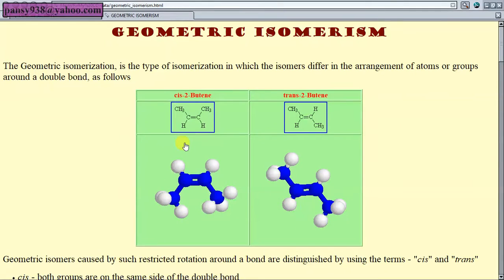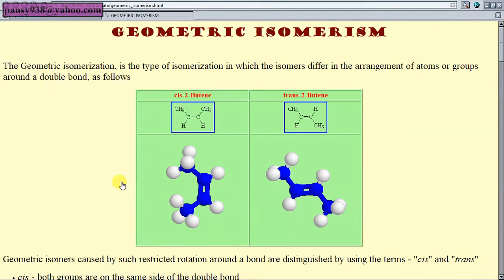If you rotate the three-dimensional molecule so that both methyl groups are at a downward position, or at the right side or left side, however you rotate the molecule, both of the methyl groups are always on the same side. So this type is called cis-2-butene.